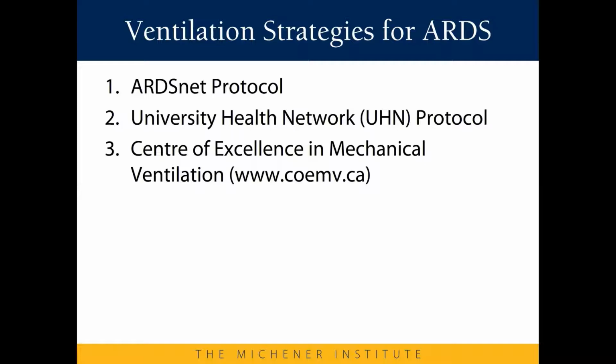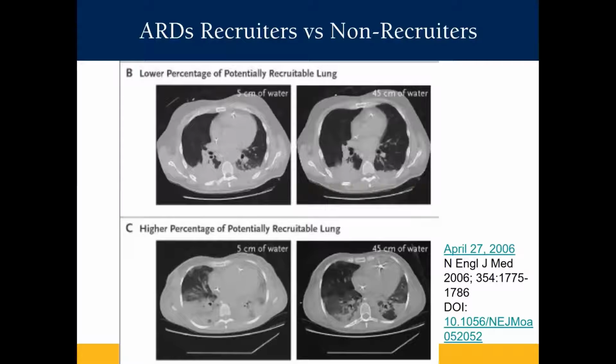So now I'm going to go into the different strategies of ventilation. And just as a note, on the previous slide, you do hear some people discussing with COVID-19 two different phenotypes, phenotype L and phenotype H. And that was in the early days.